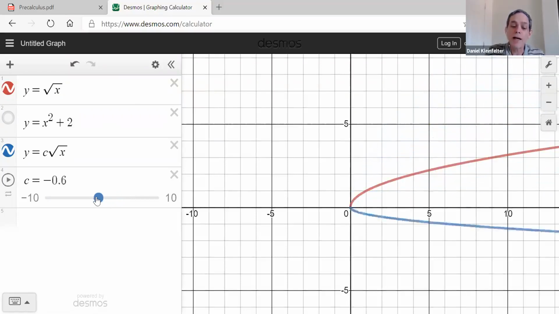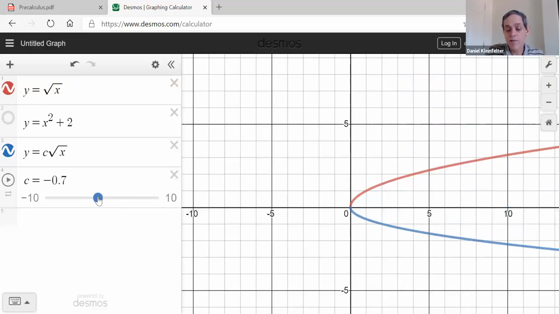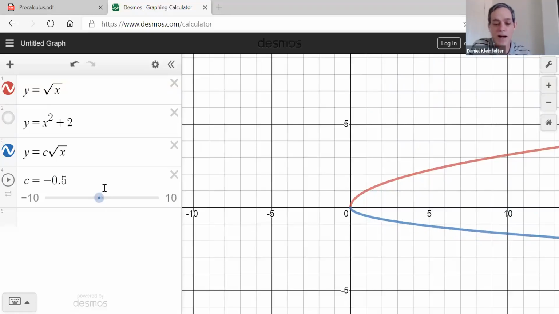If you multiply by a number less than 1, it's going to squish the graph vertically. And then we can throw on a -1 as well. So this one, -0.7, would reflect the graph across the x-axis and also compress it. So this should look like a compression of our original graph and also reflect it across the x-axis.